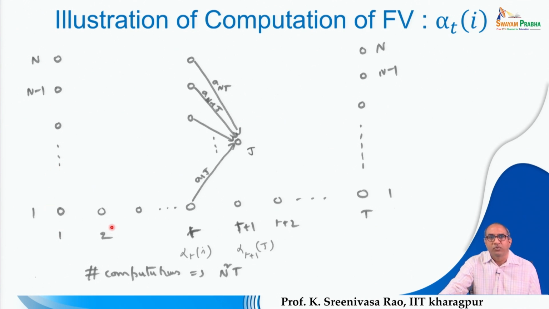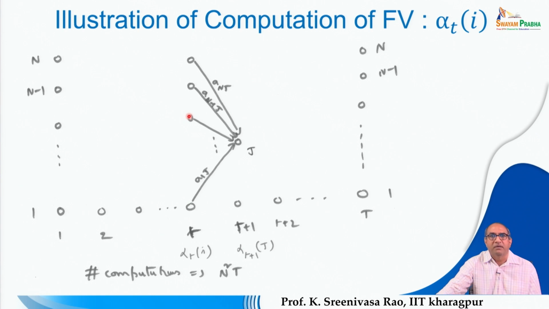Alpha t of i is a particular state, suppose the ith state. What is the probability of the observation sequence O1, O2, O3, up to OT at time t?